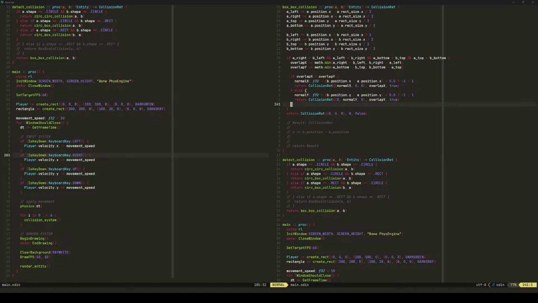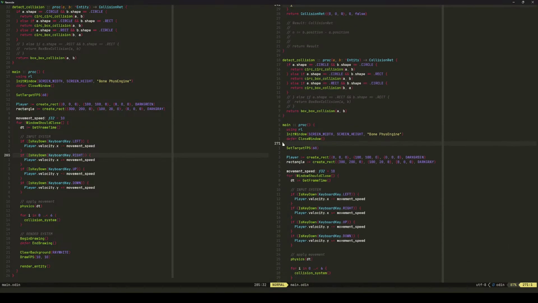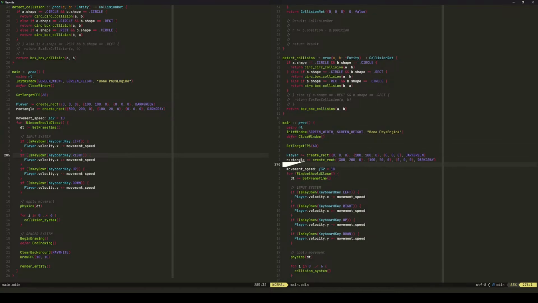Box-to-box collision. Now, the other thing is that the platform, the unmovable thing, it's a static. Have I defined that? It's like a static thing.